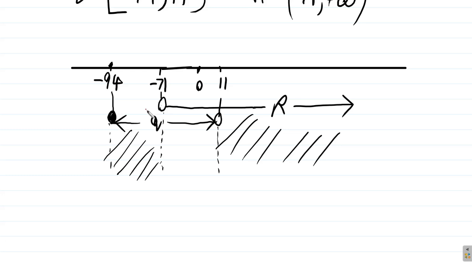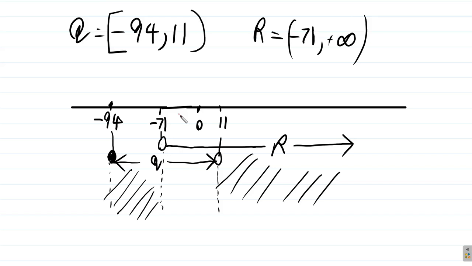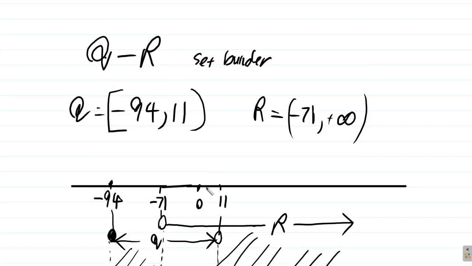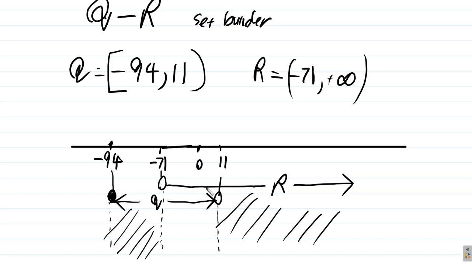Within this region, we have both Q and R. Now, remember the minus here, you could interpret it as not including R. You have Q, but remove R. There is no Q going along here from 11 going up to infinity.